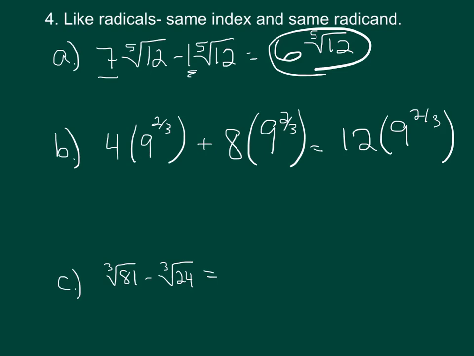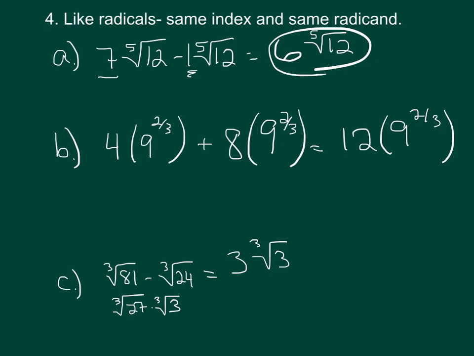In the next one, we really have here the cube root of 27 times the cube root of 3. That's really what the cube root of 81 breaks down into. So let's simplify that. The cube root of 27 should be on your perfect cube list because that's 3 cubed. So we have 3 times the cube root of 3.